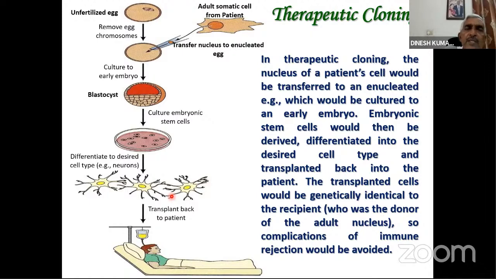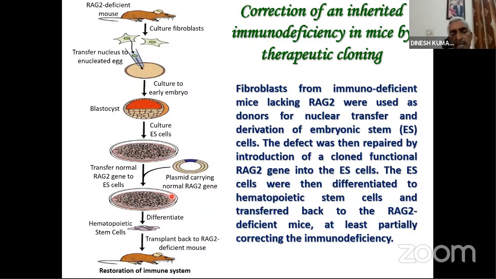And likewise, if there is a problem in the genetic configuration of a patient, suppose this is a rat having a RAG2 deficient gene, and immune deficiency is found in this rat. So how can it be cured? Fibroblasts from this rat are taken and cultured, and the nucleus of the fibroblast is taken out and transferred to the enucleated egg of the rat.